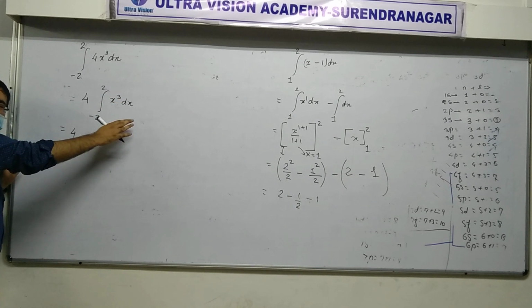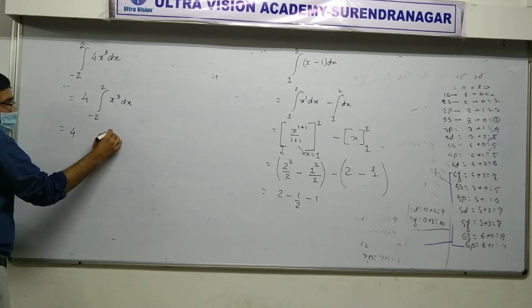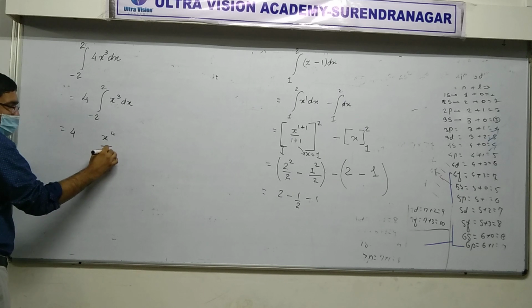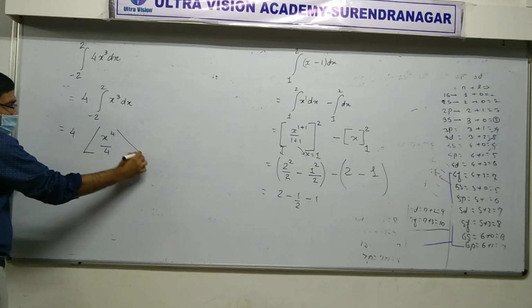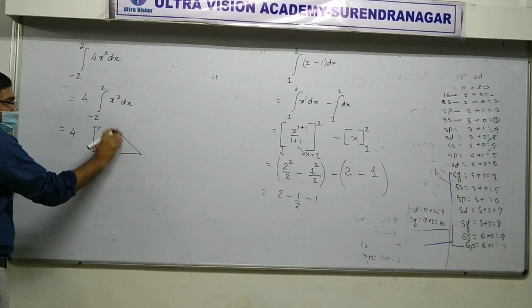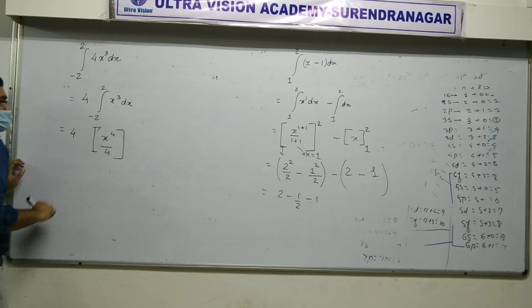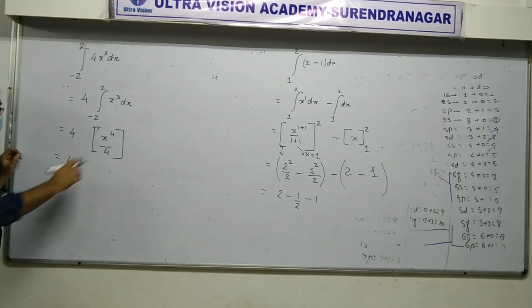Integration of x cube dx is x raised to 4 by 4. And now you have to write this in which kind of bracket? Square. Right. Now 4.